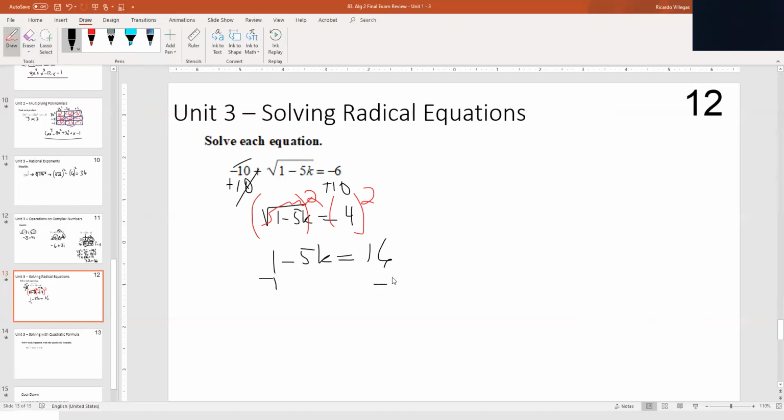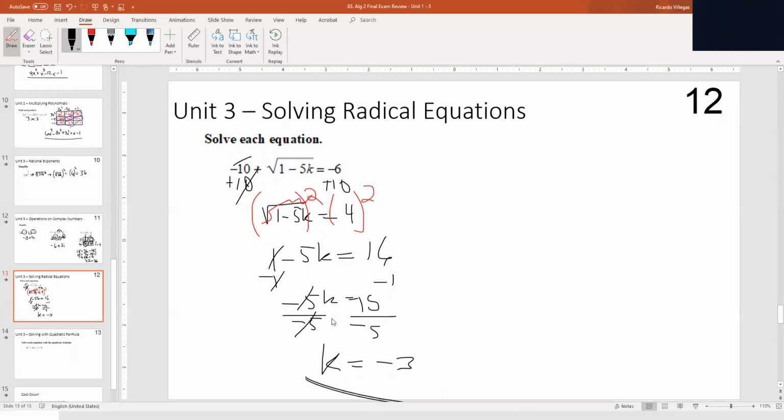We subtract 1 from both sides. We get -5k is equal to 15. And then we divide both sides by -5. These -5s divide out, so k is equal to -3. And that would be your solution for this problem here.